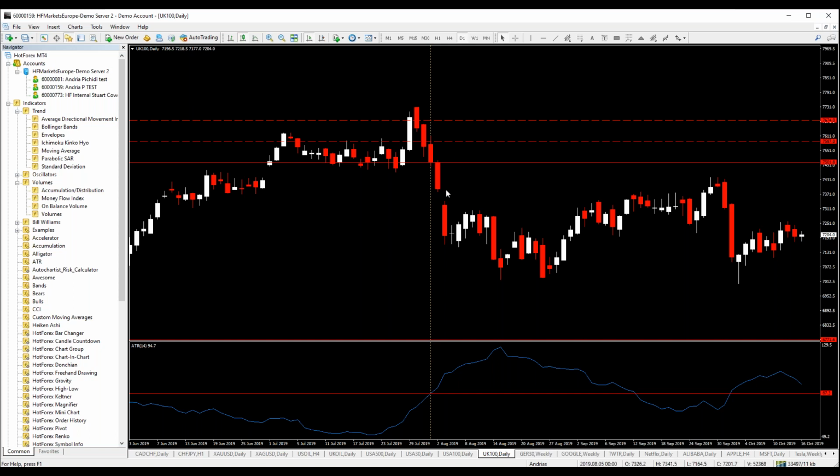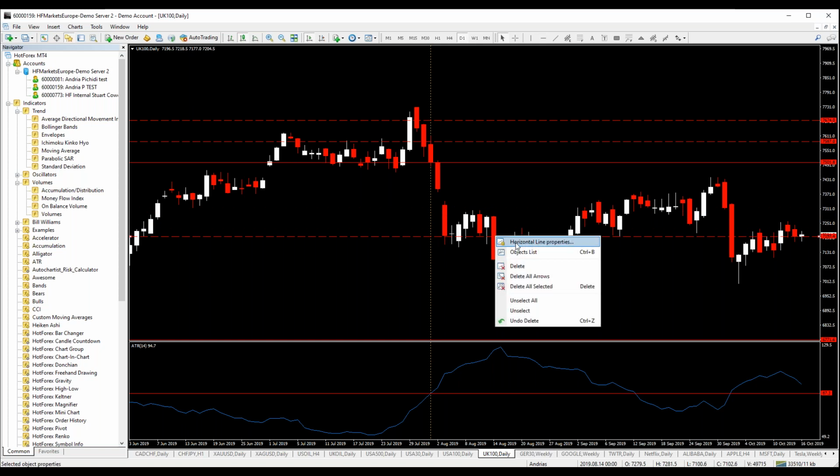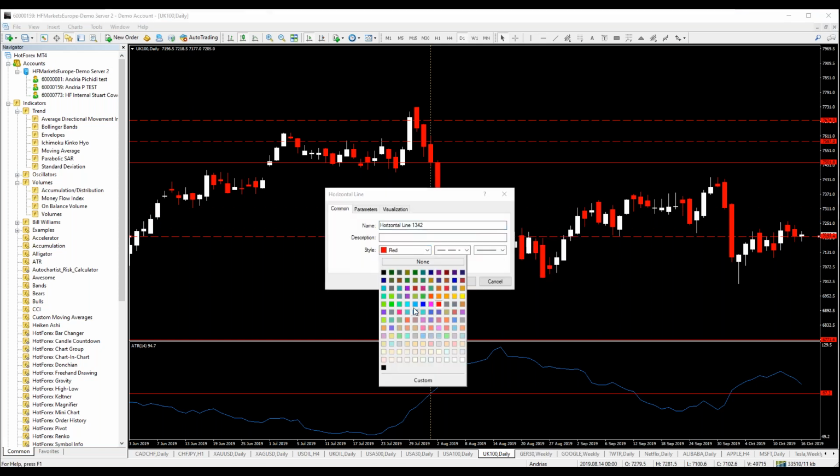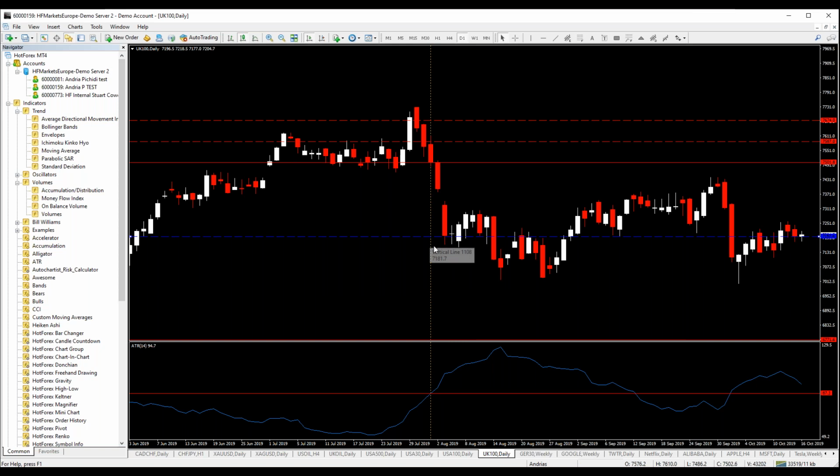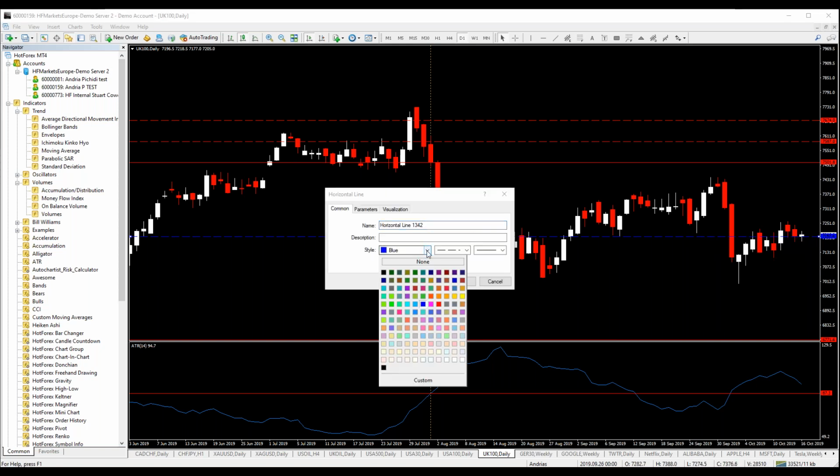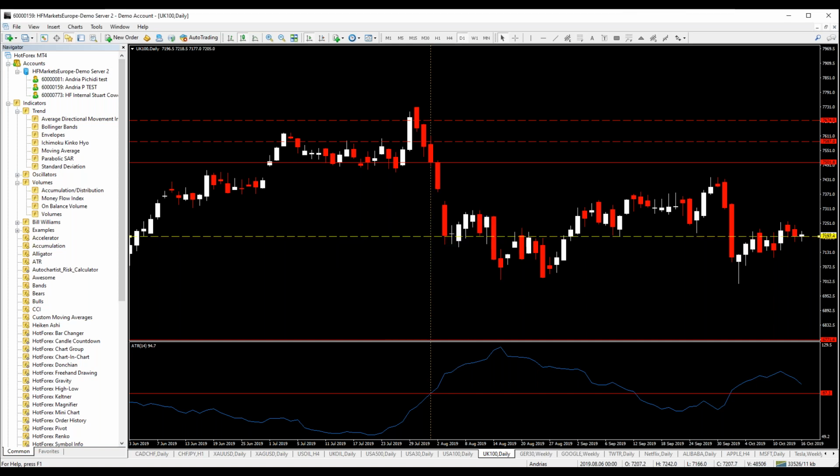As the asset is moving lower, let's say that the asset has moved over the next 2 days. Let me change the color a bit. Blue. So no, it's not visible. Okay, here we are.